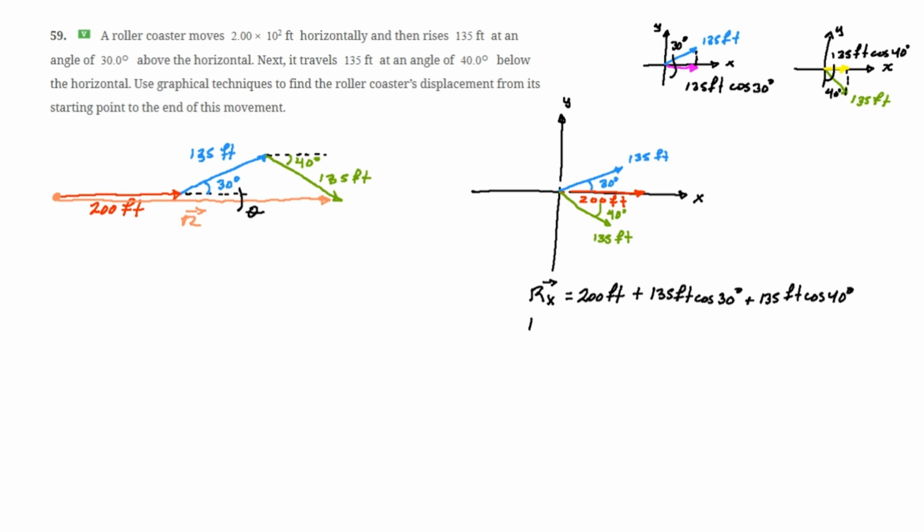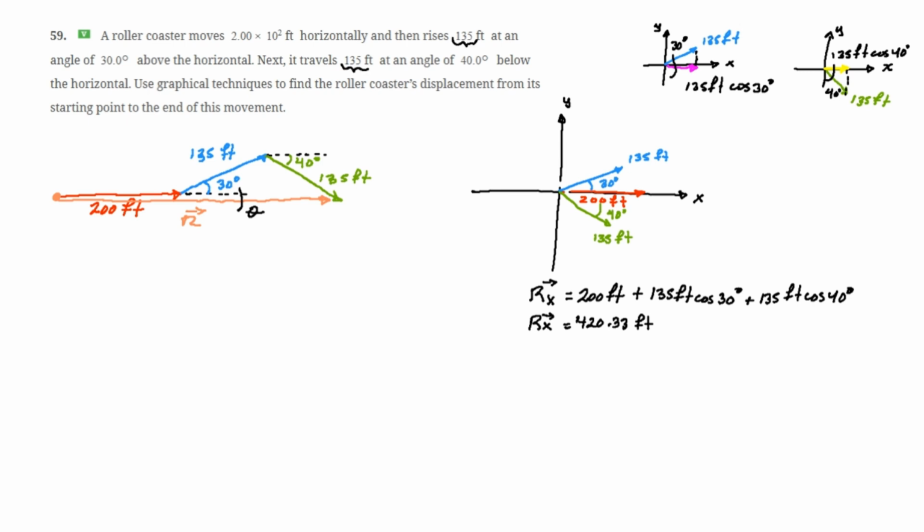And your r sub x will be, when you calculate this, 420.33 feet. I will round at the end because I want to express my result with 3 significant figures, right? So I will round this at the end.